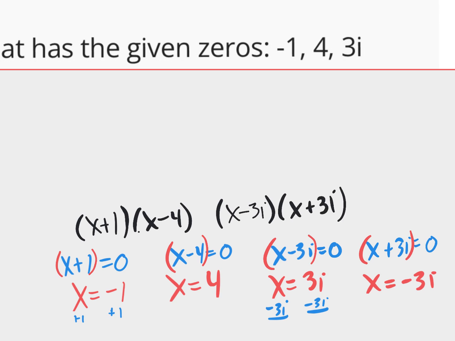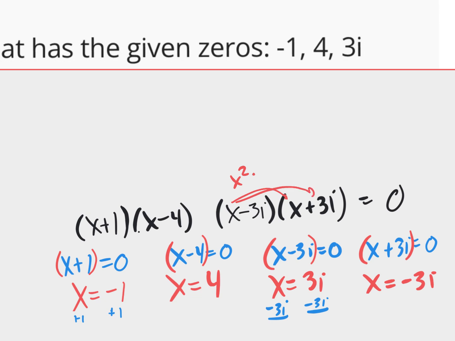And it's equal to 0, right? If we were to put them all together. But at the end of it all, we don't even care about the equal 0. We just want the actual polynomial function. So we have to do a lot of distributive property and combining like terms, so let's go and do the imaginary one first. I think that one's a better one to start with. X times x is x squared.